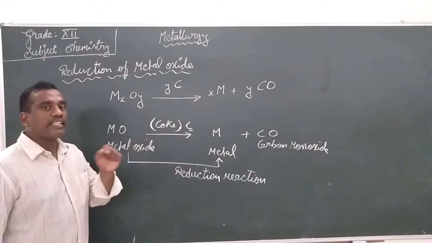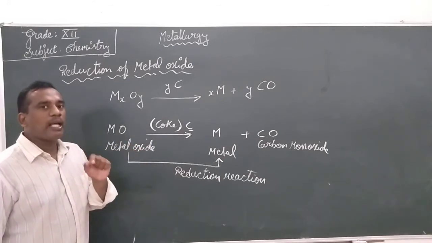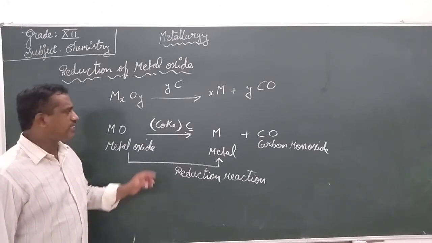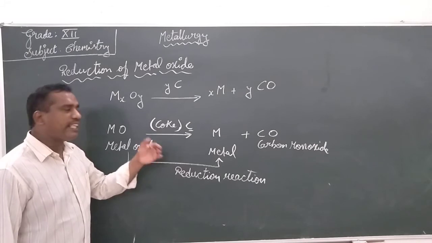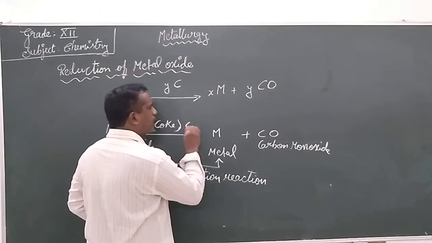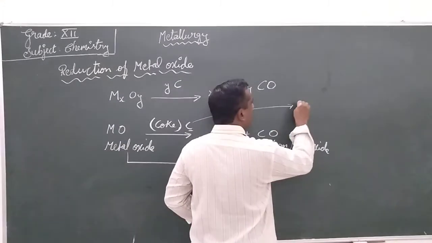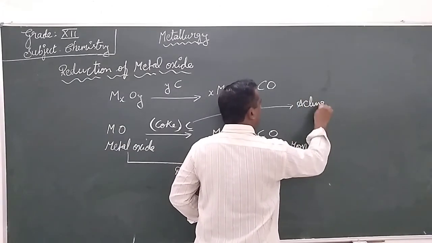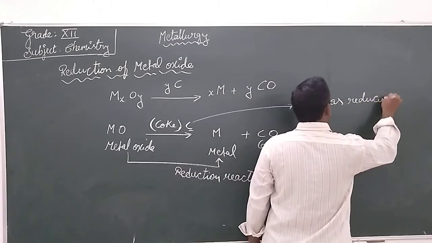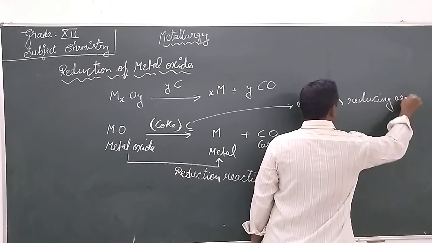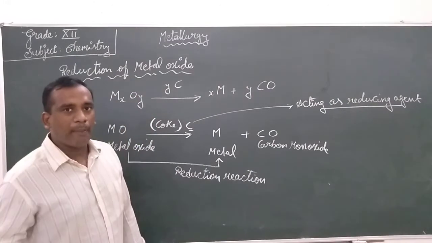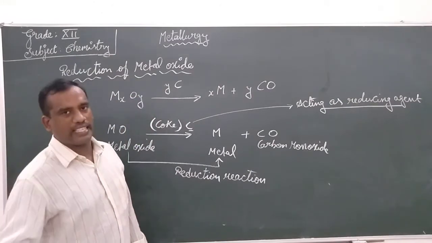The reduction reaction takes place in the presence of a reducing agent. Yes, here coke is making the metal oxide lose the oxygen. So the purpose of this coke is that it is acting as a reducing agent. What is the purpose of a reducing agent? It makes the metal oxide undergo reduction.